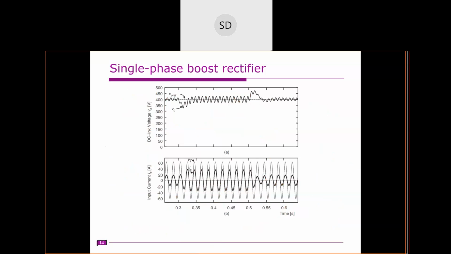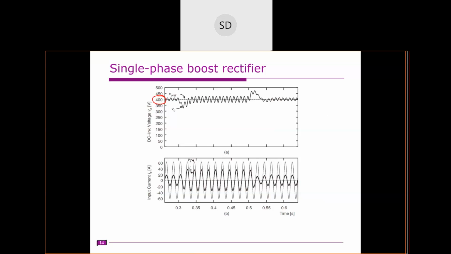So this is about the controller. We have some results here. In this particular example, they set the reference as 400.